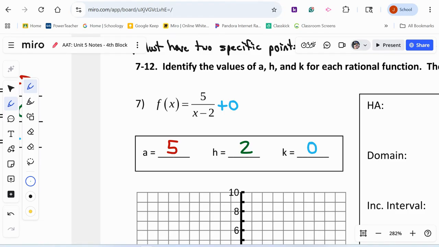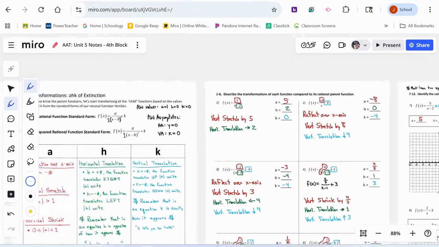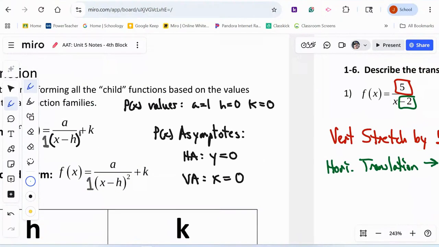h does. So this graph would translate to the right 2 units. Well, how would that affect the asymptotes? Well, if the asymptotes of our parents, guys, in both families are right on the axes starting at 0, any transformations left or right or up and down, which are controlled by h and k, guys, would also cause the asymptotes to move to that specific value.